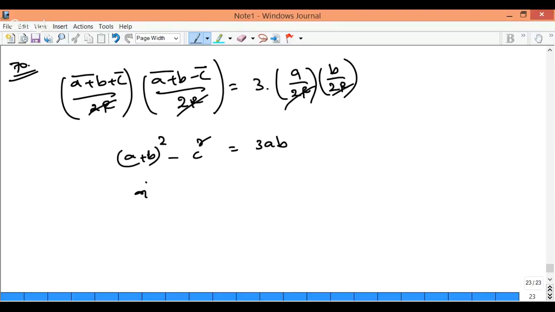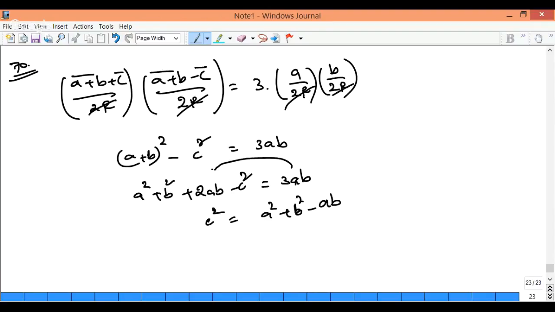Expand: A square plus 2ab minus c square is equal to 3ab. Now c square is equal to a square plus b square minus ab. Take this 3ab this side: minus 3ab plus 2ab becomes minus ab, and c square on this side.